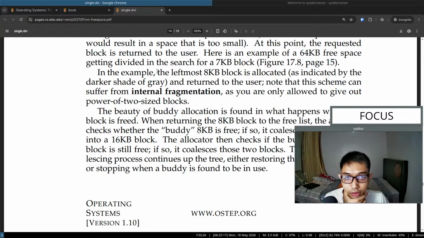In the example, the leftmost 8 kilobyte block is allocated, as indicated by the darker shade of gray, and returned to the user.